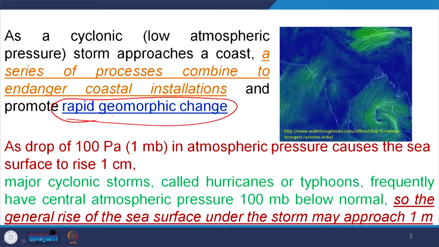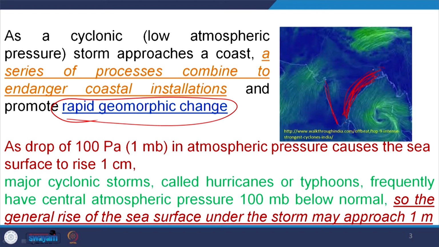But sometimes the coastal plain is not gentle. For example, if we compare the Indian west coast and east coast, the east coast is mostly a gentle slope, plain area, cultivated land, but on the west coast the steep face of the Western Ghats is there. So if a 100 millibar pressure drop occurs and the sea level rises 1 meter, that rise may affect this much area of the system.